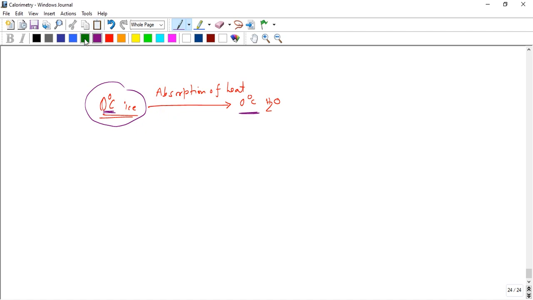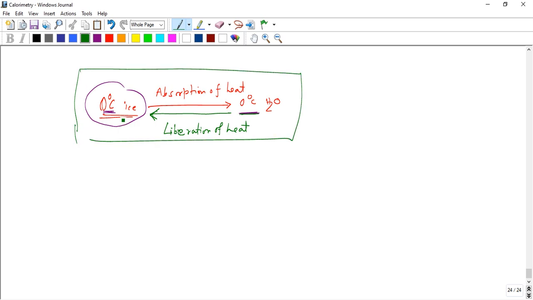Similarly, when heat is released, 0 degree water turns into 0 degree ice. So the important factor is that temperature is fixed, but state changes: solid to liquid and liquid to solid. The temperature is fixed at 0 degrees centigrade, but the state and heat change.